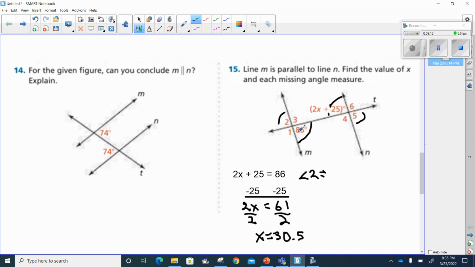Because if this is 86, this also equals 86, right? And if this is 86, the number 5 must be 86. It should be saying degrees. So angle 2 is equal to angle 5, which is equal to 86 degrees.